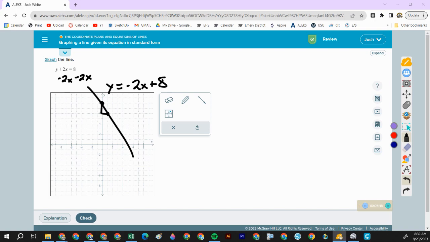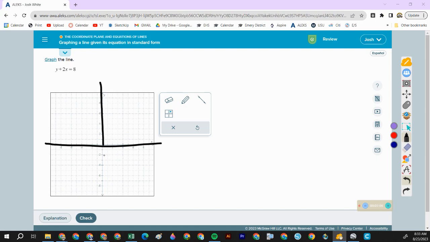Okay. Another way to graph it is to do what we call intercept graphing. So what is the value of y on the x-axis? 0. What is the value of x on the y-axis? 0.